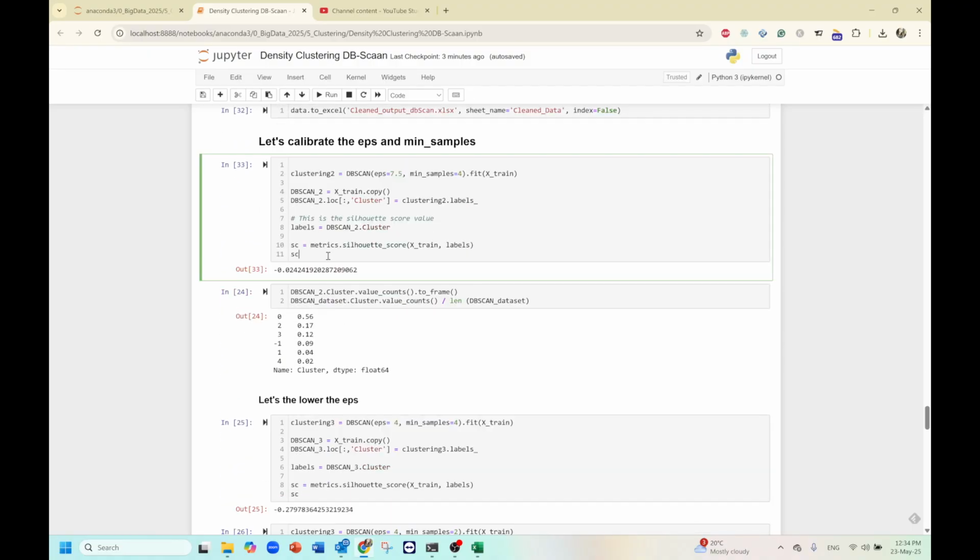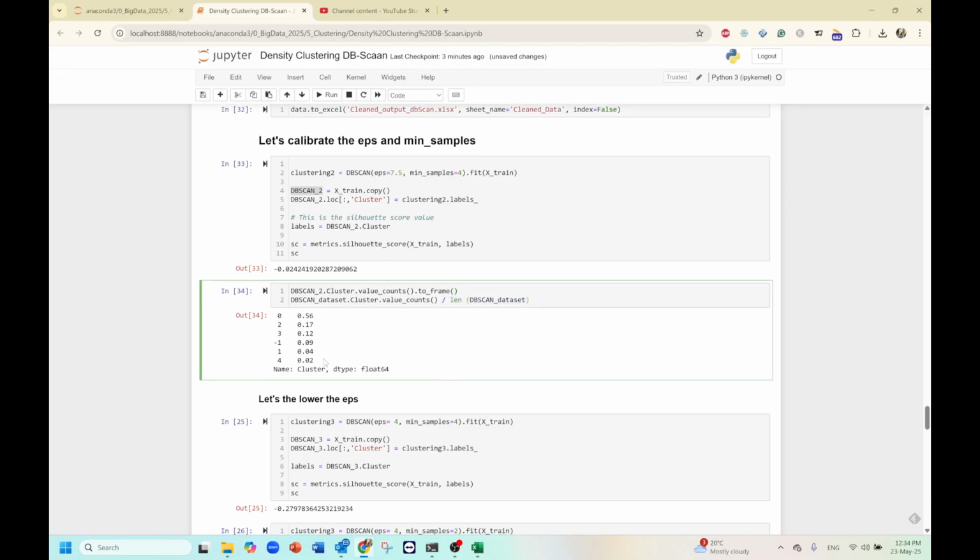So over here, how many? For this clustering 2, is it clustering 2? Yeah, because it is DBScan 2. For this clustering 2 or DBScan 2, I have 1, 2, 3, 4, 5, same exact situation, isn't it? I could even look at it without the percentage.